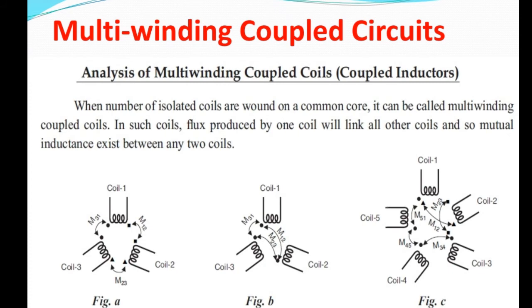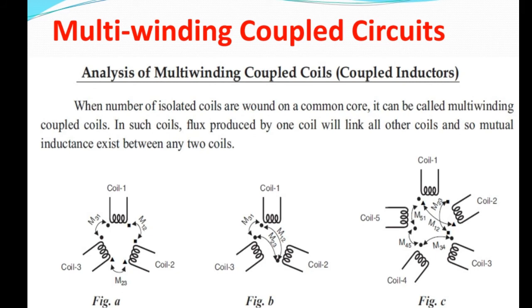In the first figure, coil 1 is mutually coupled with coil 2, coil 2 is mutually coupled with coil 3, and coil 3 is mutually coupled with coil 1. In figure 2, coil 1 is coupled with coil 2, coil 2 with coil 3, and coil 3 with coil 1, but in the opposite direction.